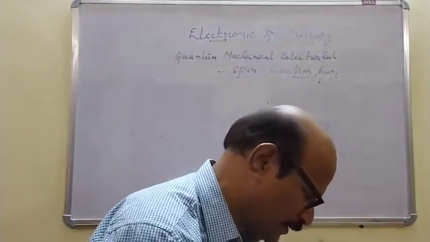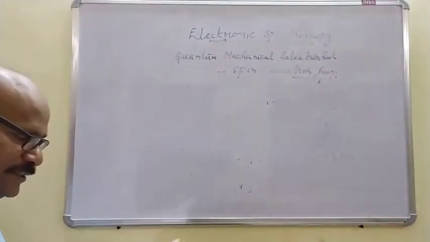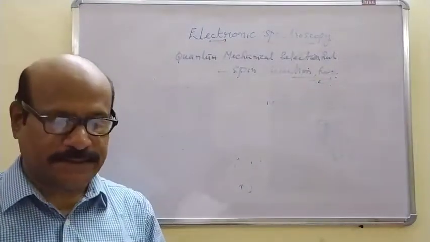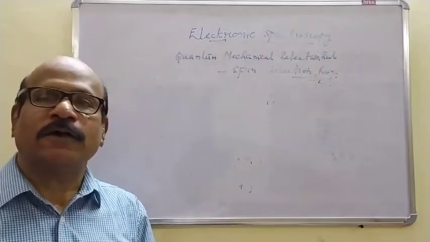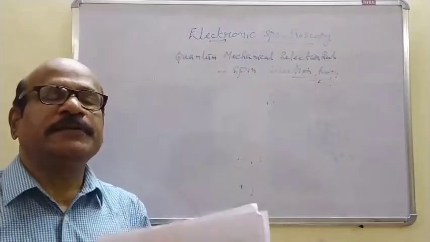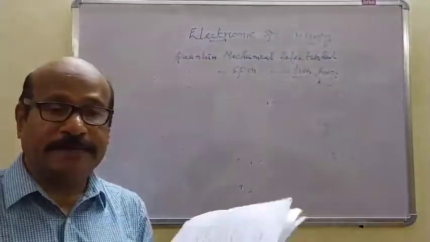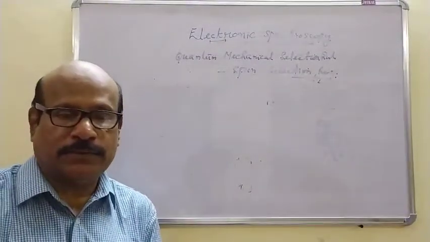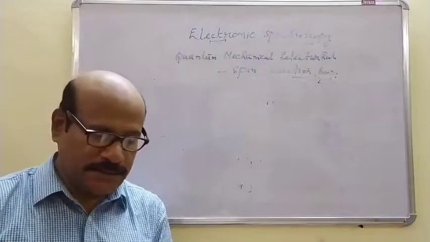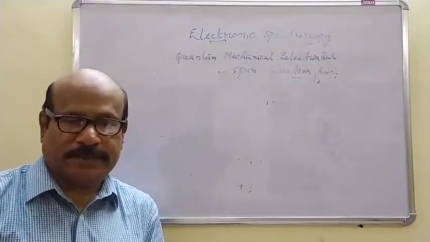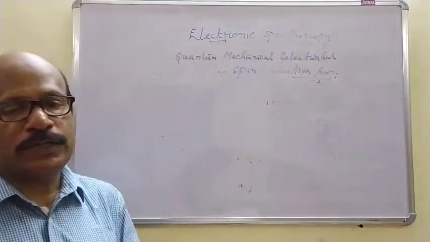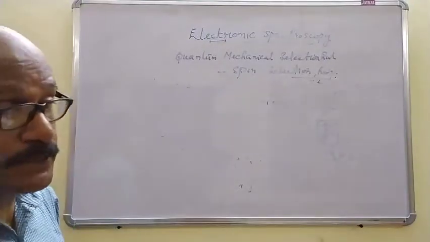According to the spin selection rule, electronic transition always takes place only between two electronic states of the same spin multiplicity.